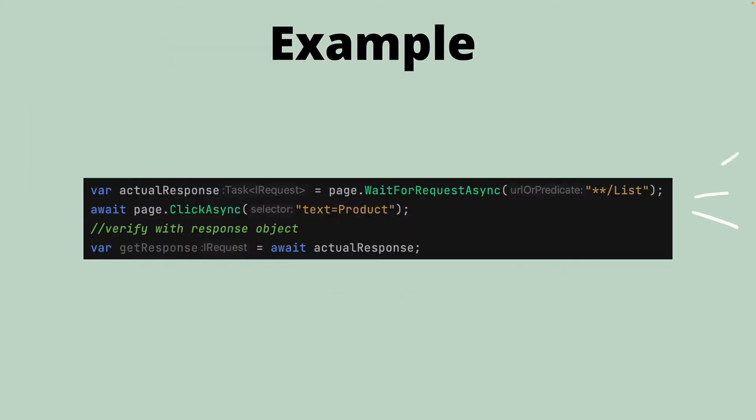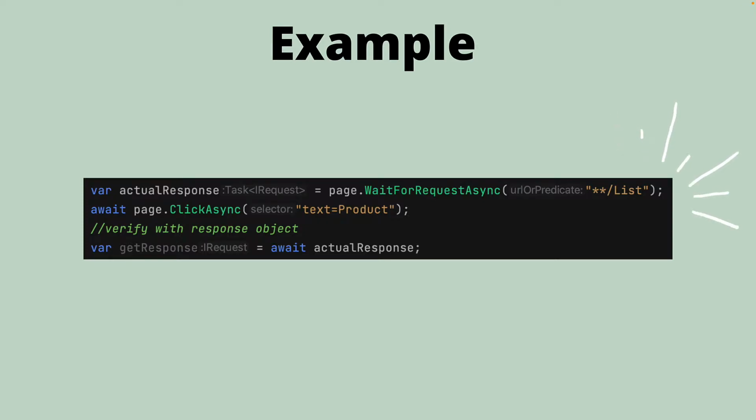And some of the best example code for this is this one. As you can see here, we are using a method called WaitForRequestAsync, where I'm going to specify the URL, like a URL predicate really, that is the URL I'm looking for once I click the product button.